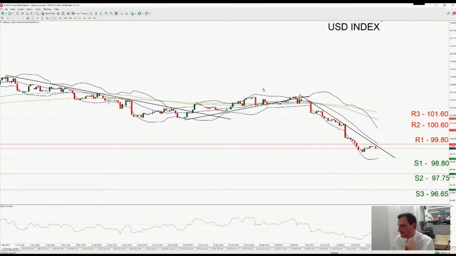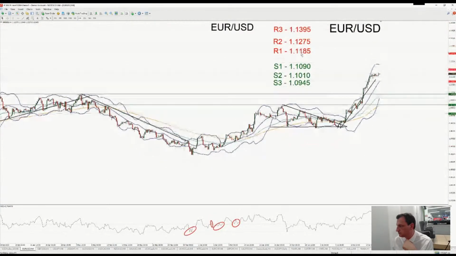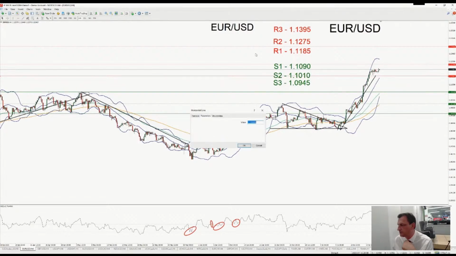Okay, let's have also a look at Euro USD, which has jumped and stabilized, reflecting practically USD's rise. Once again, let's correct this at 1.1185.